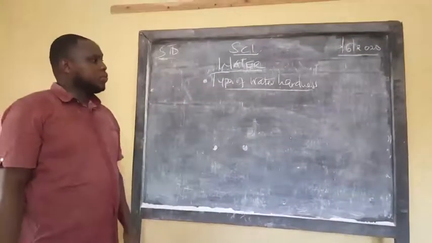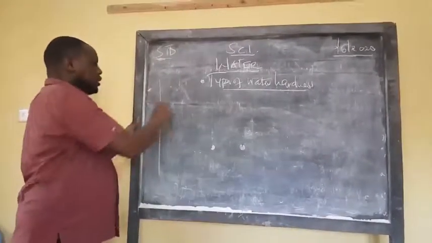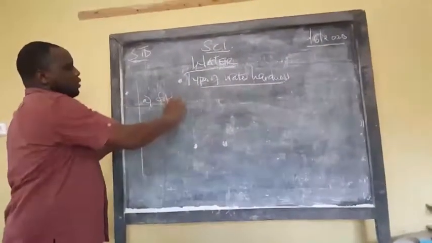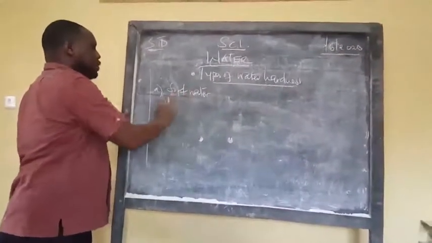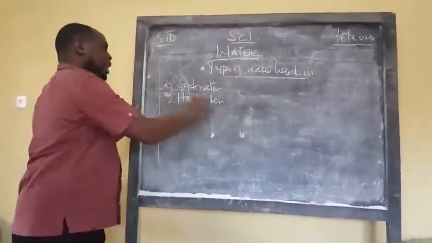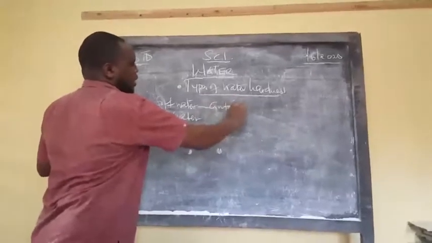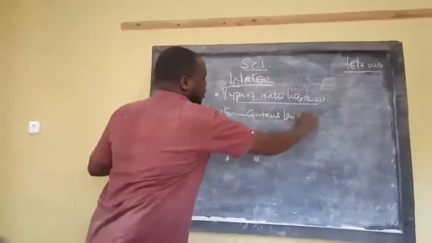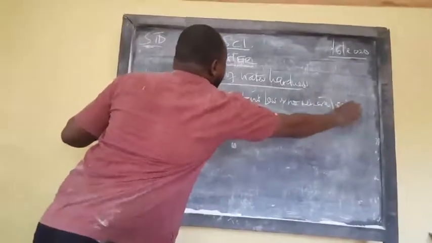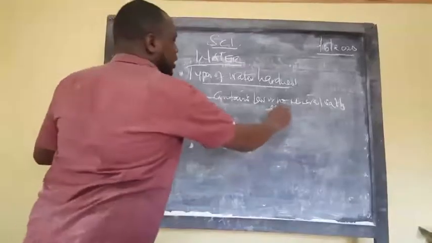We want to continue from where we left, and we were discussing water, where we talked about two types of water, that is soft water and then hard water. Just to remind you what we did, we said soft water contains less or no mineral salts, and an example of soft water is rainwater.